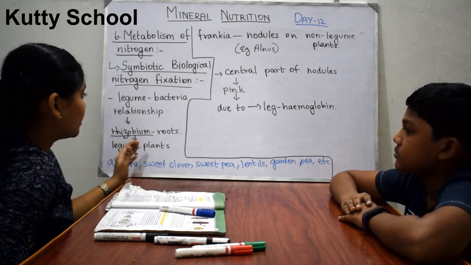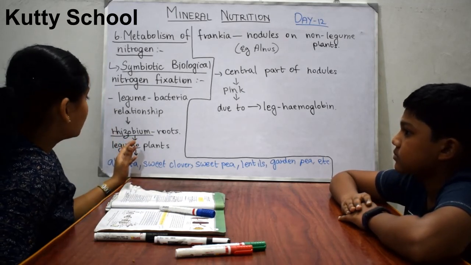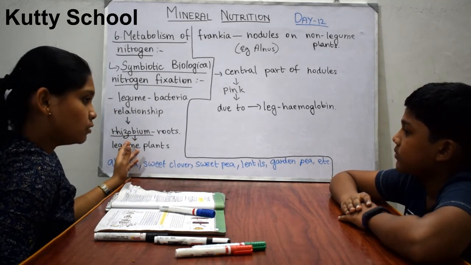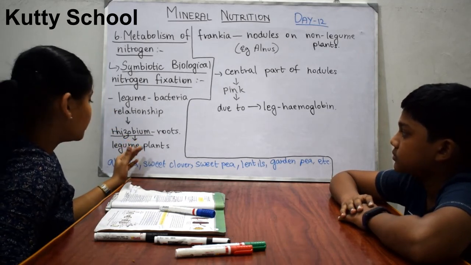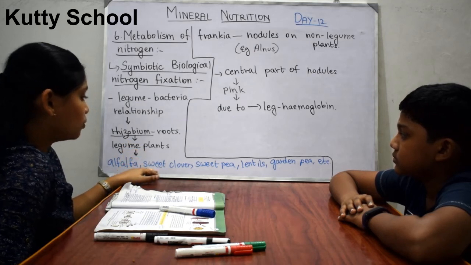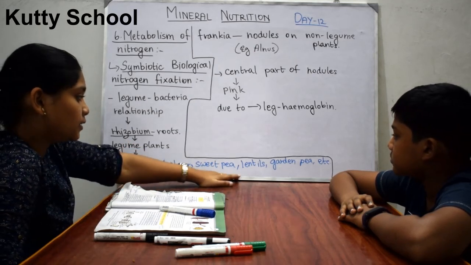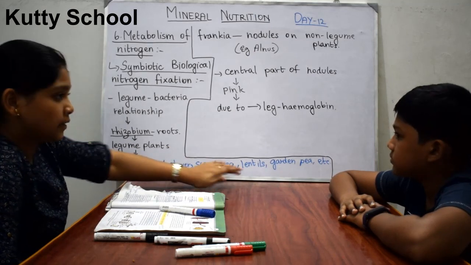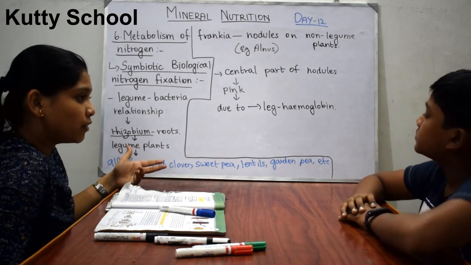These plants and bacteria are in symbiotic association. Rhizobium plays a major role in forming nodules in legume plants like alfalfa, sweet clover, sweet pea, lentils, garden pea, broad pea and so on.